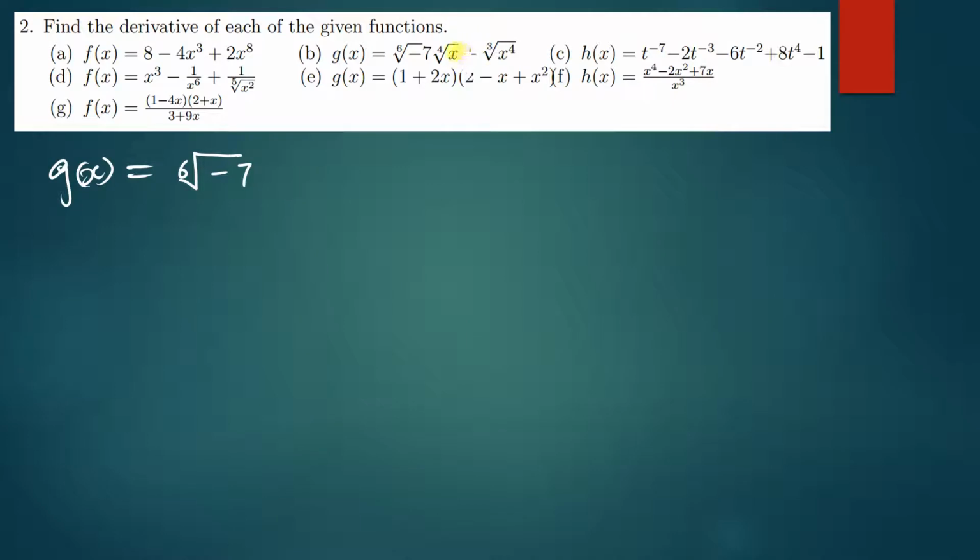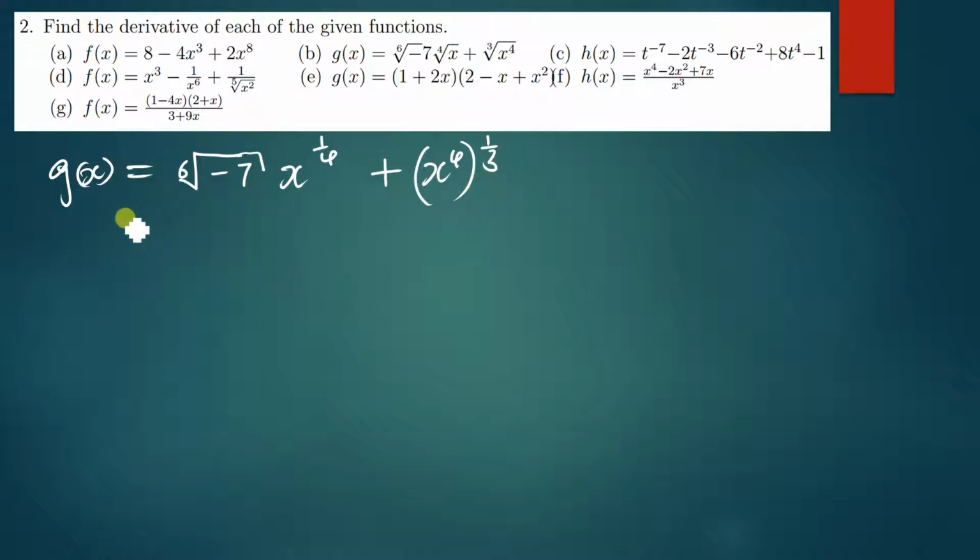Okay, so this 4th root of x can also be written as x to the power 1 over 4. And then we also have plus the third root of x to the power 4. So the third root of x to the power 4 can be written as x to the power 4, in brackets, 1 over 3.